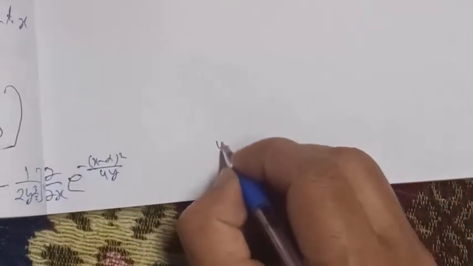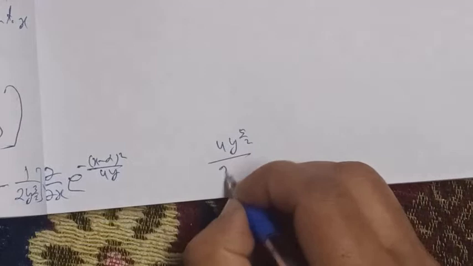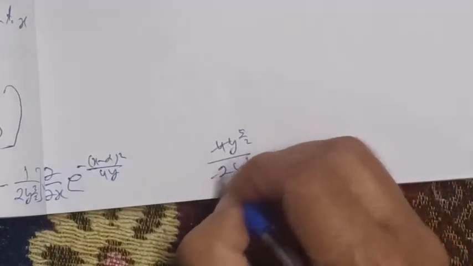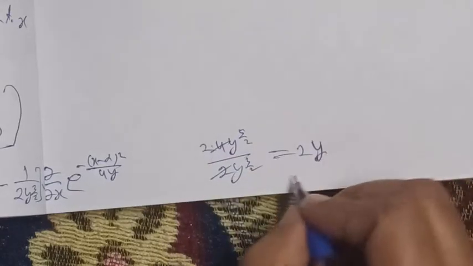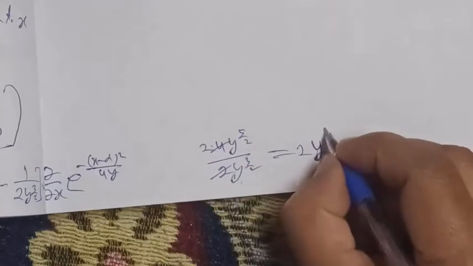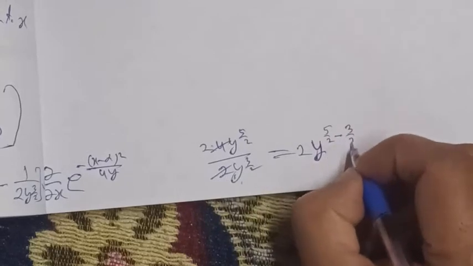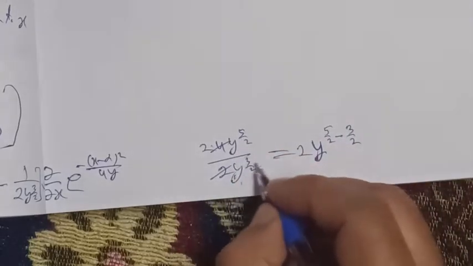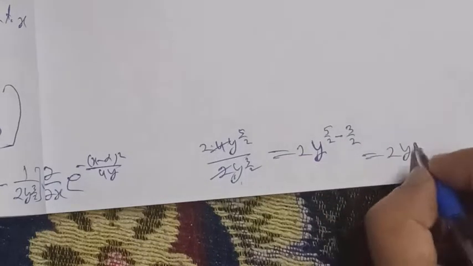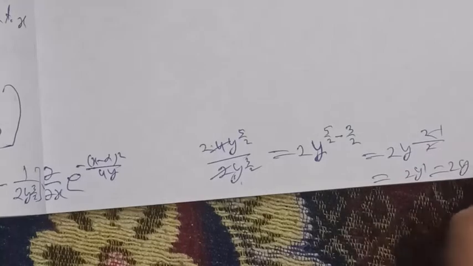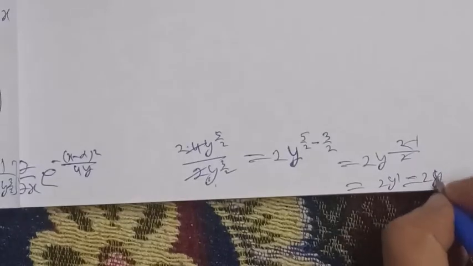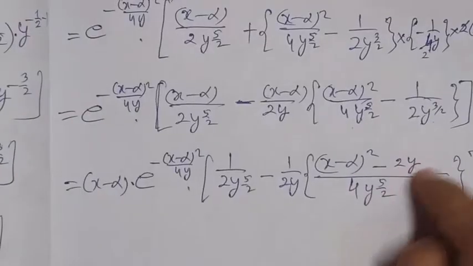We can show it here: when LCM 4y to the power 5 by 2 is divided by 2y to the power 3 by 2, 4 cancels out by 2 by 2, and for y we write y only one time because the bases are equal and the power must be subtracted from the numerator power to the denominator power, and we get 2y to the power 1, and it becomes 2y. So I write it here 2y.